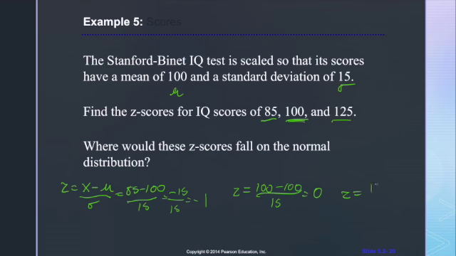Next, I take 125 minus 100 over 15, and I get positive 1.67. So this would fall above the mean. We have one value that falls below the mean, another that falls on the mean, and another that falls above the mean.